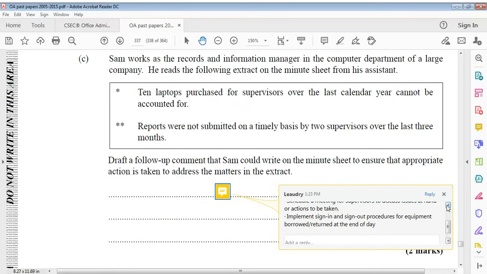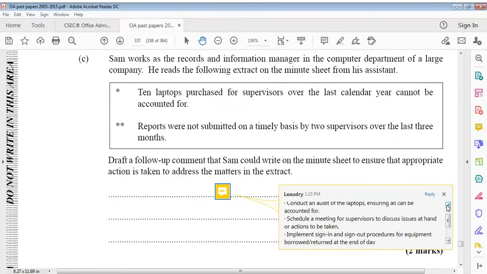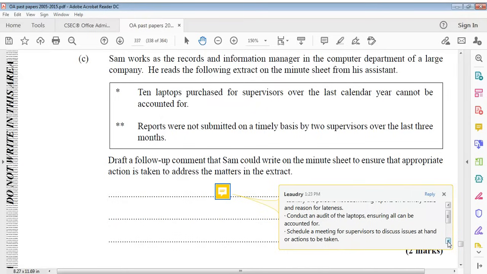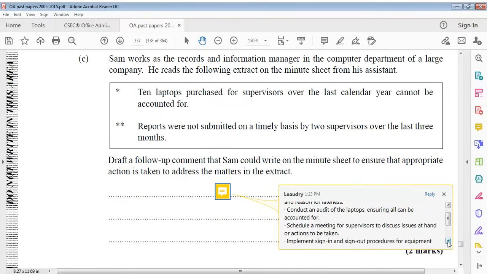So those are four comments that Sam could include on the minute sheet. 1, identify the persons not submitting reports on a timely basis and reasons for lateness. 2, conduct an audit of the laptops, ensuring all can be accounted for. 3, schedule a meeting for supervisors to discuss issues at hand or actions to be taken.